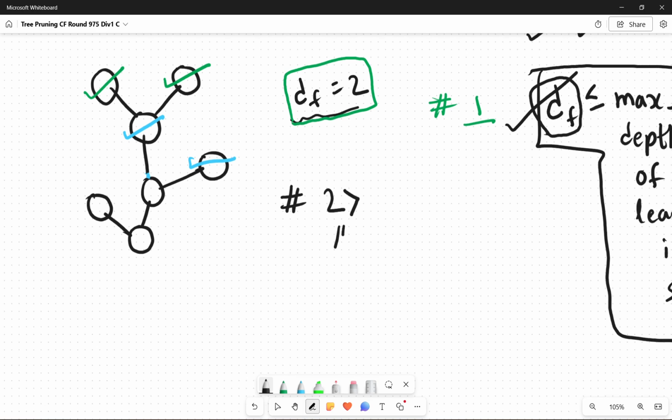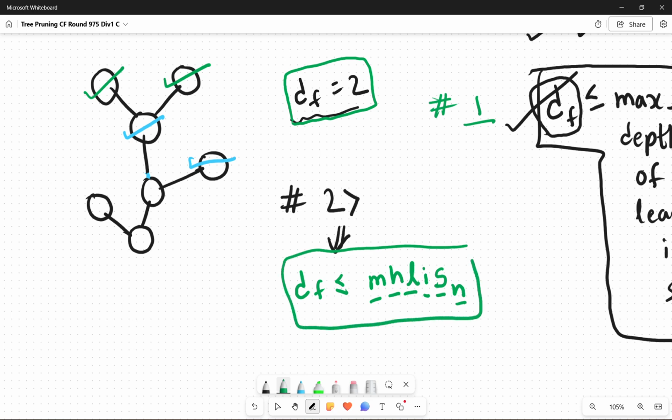So from the second observation I can write the strong assumption that df is less than or equal to the max depth of a leaf in the subtree of that node.